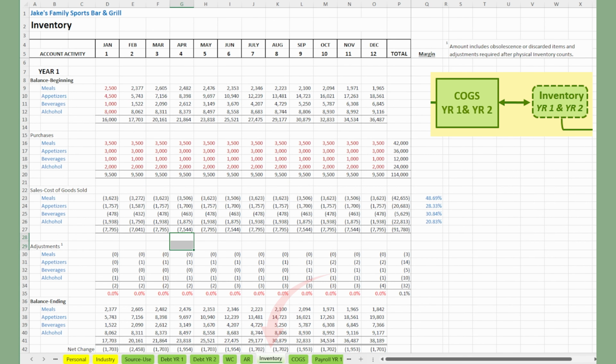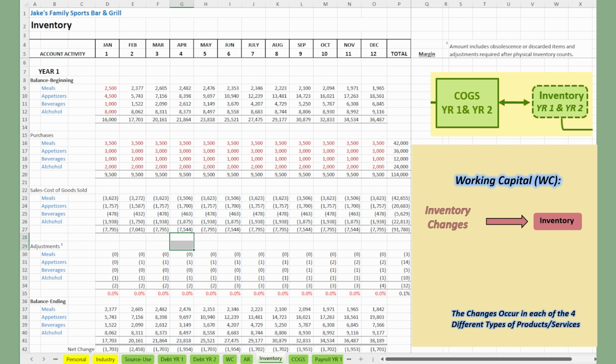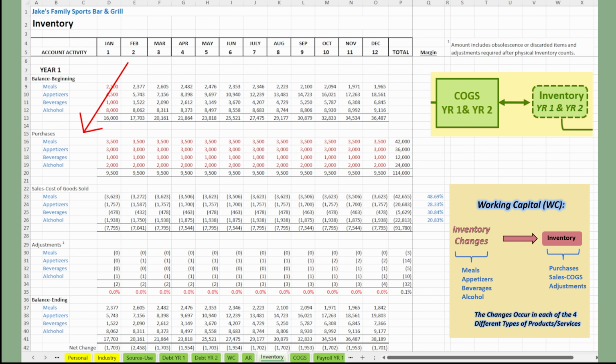Inventory changes can be found on the Inventory tab. The changes appear in each of the 4 different types of products or services that are being sold and processed through inventory. As you can see, here are the 4. Purchases are entered for each of the 4 different products or services.